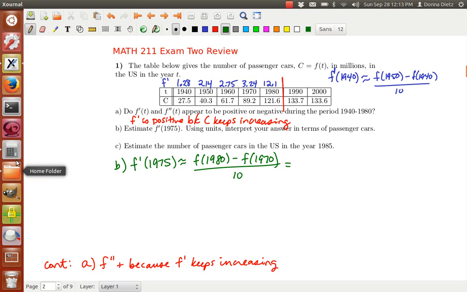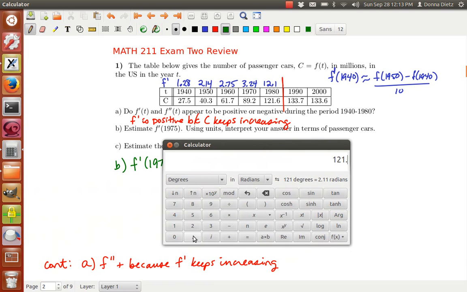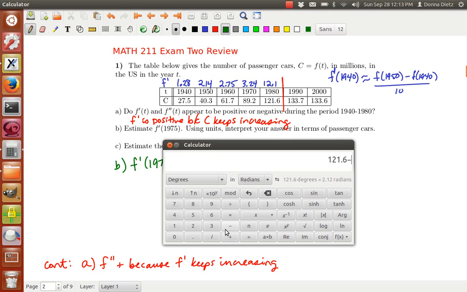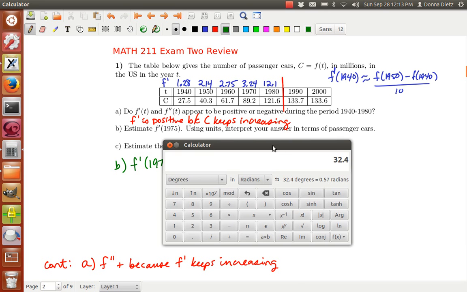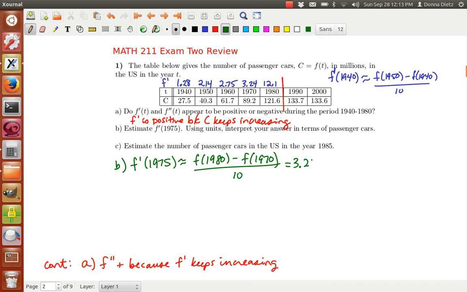So F of 1980 was 121.6, and 1970 was 89.2. That's 32.4, but I'm going to divide by 10, so it's 3.24, but it asked me for units.